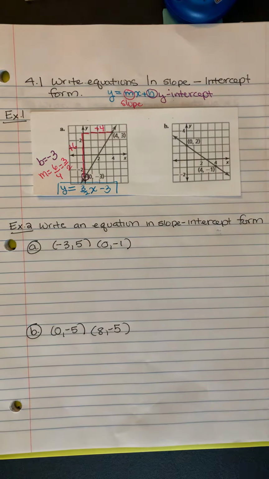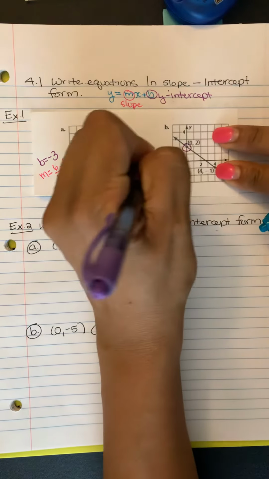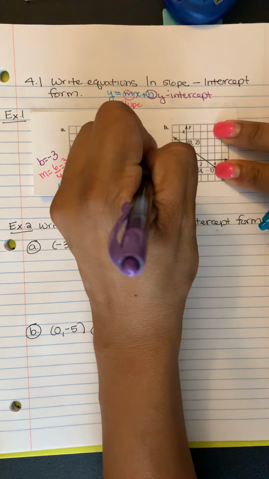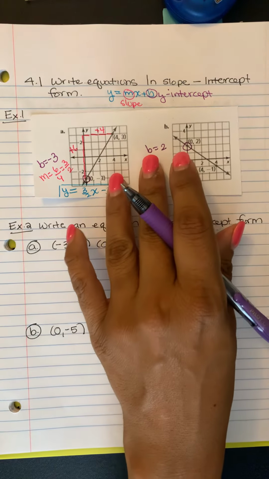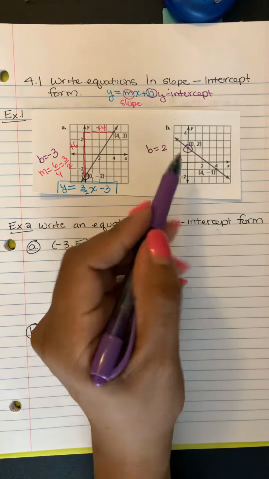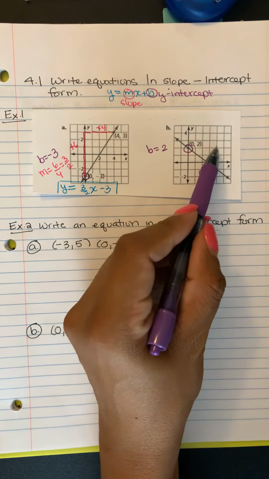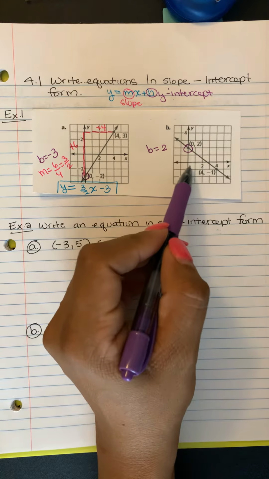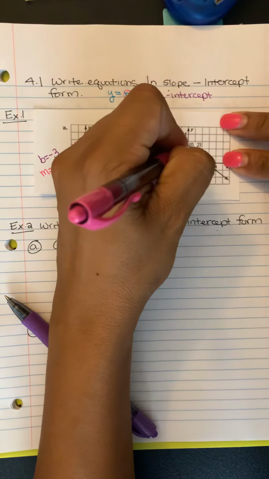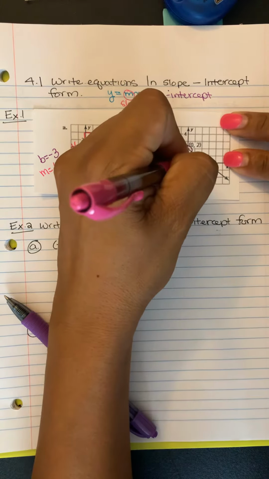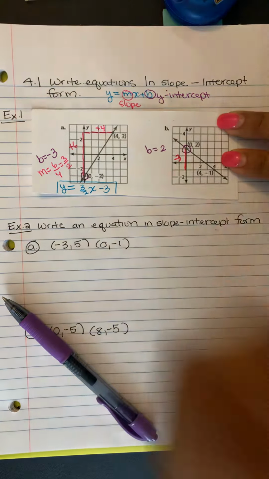Okay, let's take a look at b. We're going to do the exact same thing. Again, my b is where it crosses the y-axis, so it's at a +2. And then my slope, rise over run, you can go down and run to the right, or you can go up and run to the left. But remember, we are going to have a negative here. Looks like we're going down 3 units, so that's why I have a -3 there.